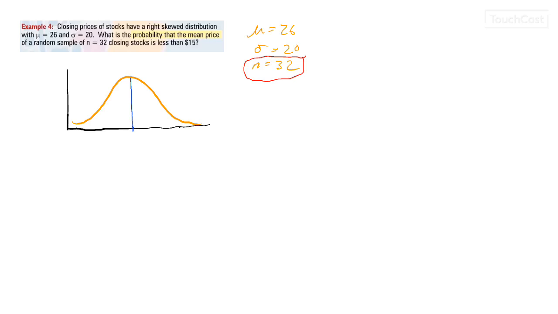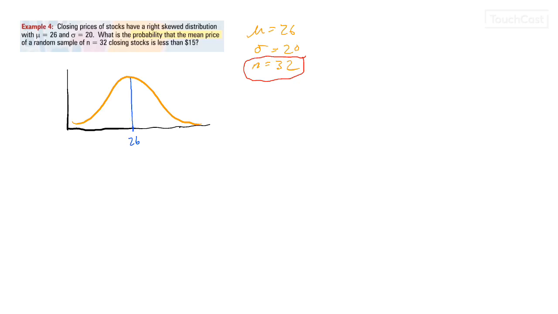The mean of this population was 26, so we'll put that right there in the center. The standard deviation of the sample means is going to be different regardless, so we need to actually compute it. But now that we know the sample size, we can calculate that.